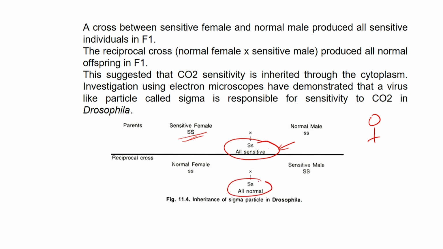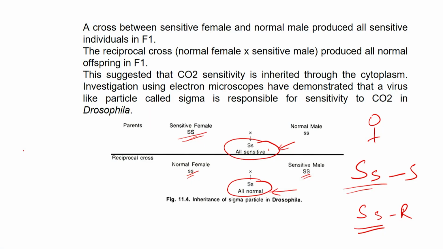And in this case, the mother is normal, the father is sensitive, but all of them are normal. So what is important to note over here is that the genotype of these two progeny is the same, both have capital S, but this becomes sensitive, this becomes resistant. Why? Because the inheritance is coming from the mother.